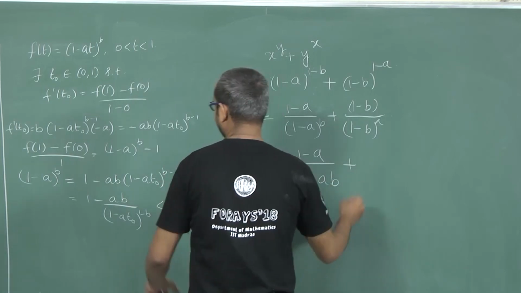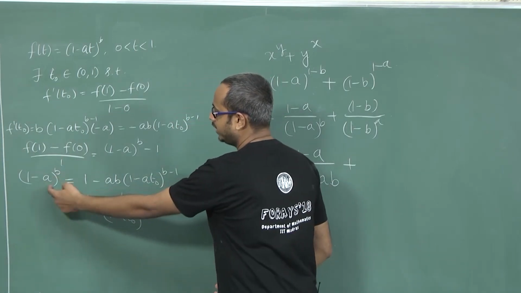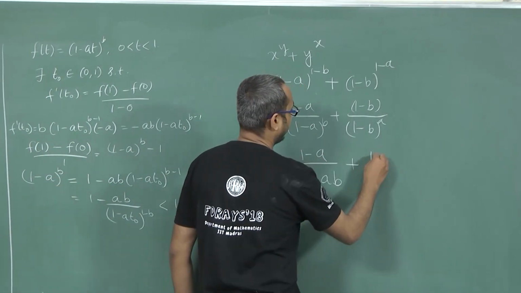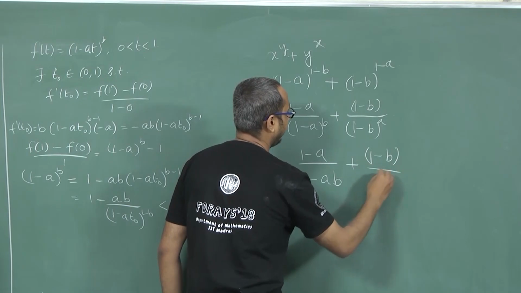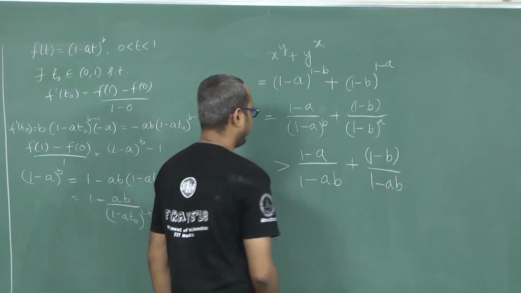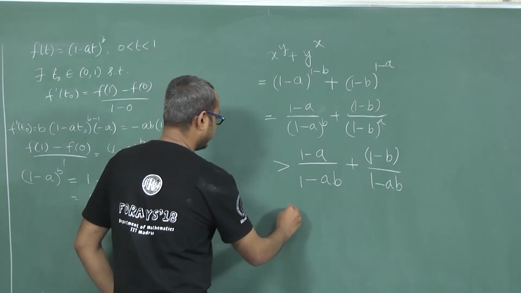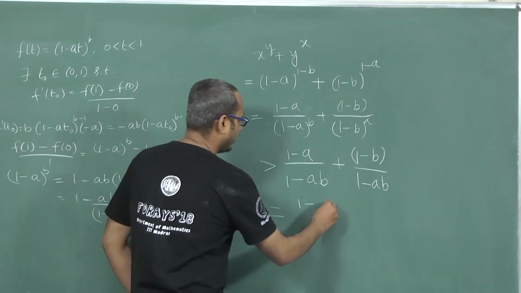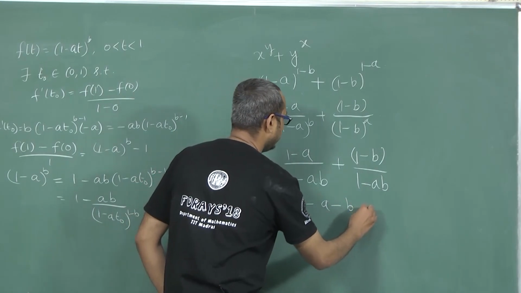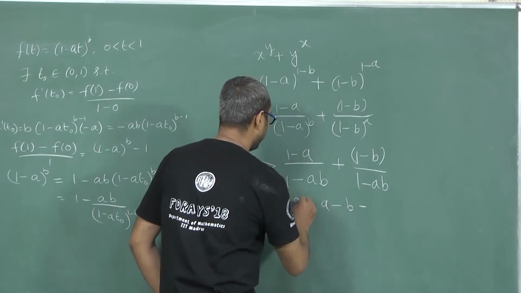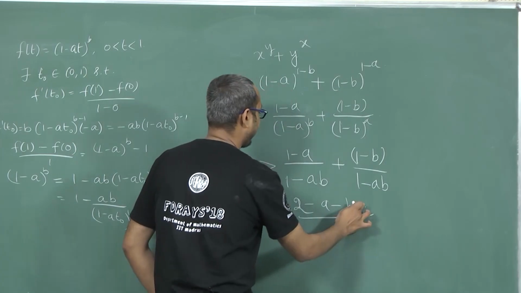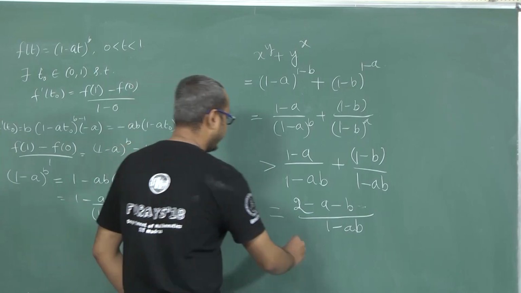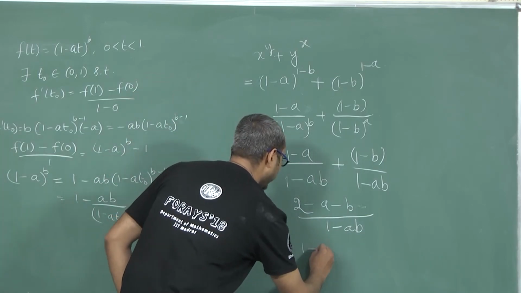Similarly, if I alter the roles of b and a, because both are between 0 and 1, it will be 1 minus b by 1 minus ab. Hence this should be equal to 2 minus a minus b by 1 minus ab.